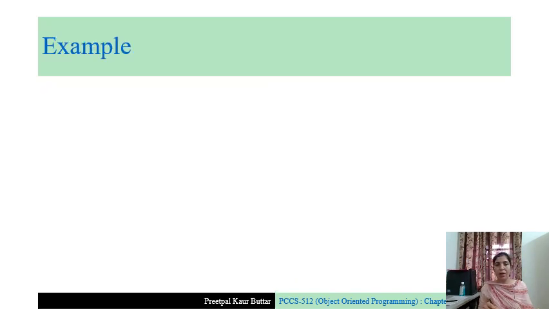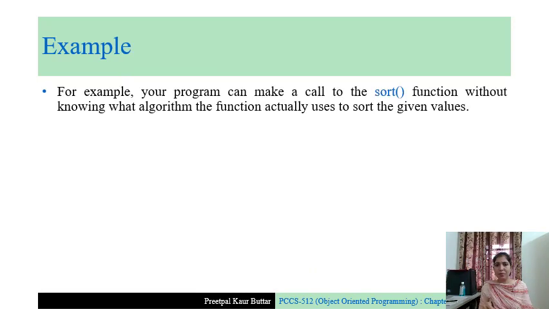Okay. So another example is you are creating a program in which you have a sort function. The purpose of the sort function is to sort the given values. The user can give a set of random values, and the purpose of the sort function is to sort them in ascending or descending order.